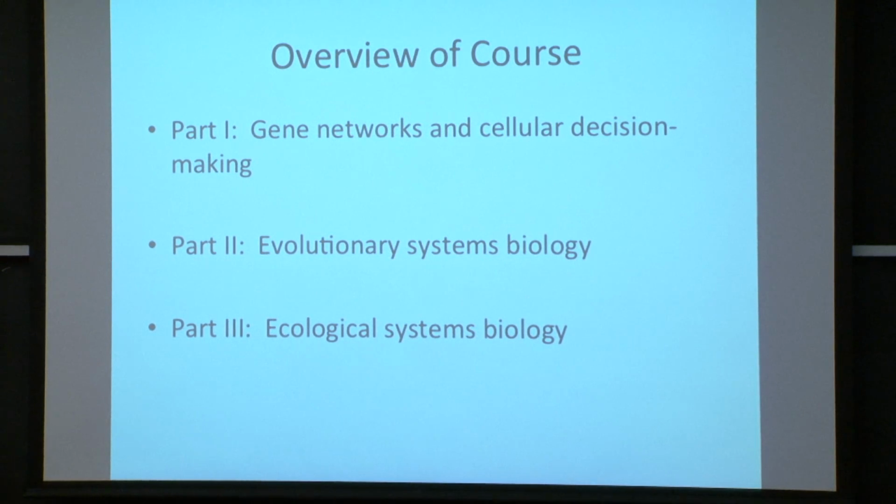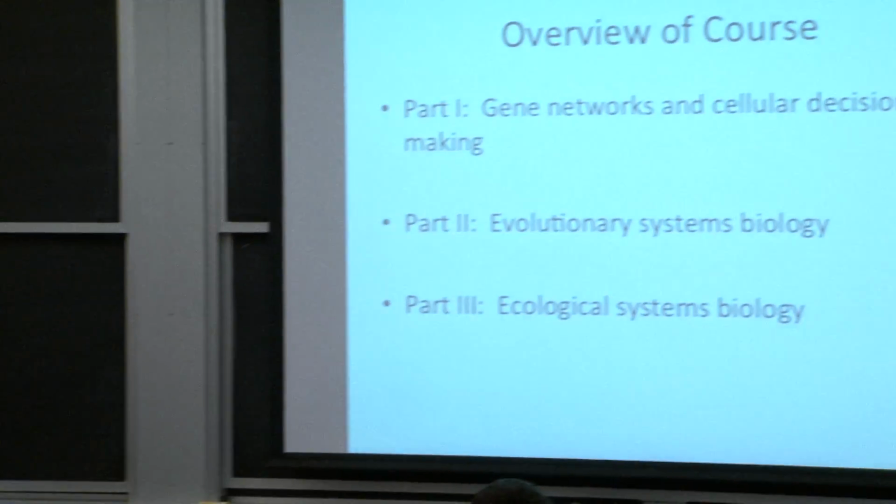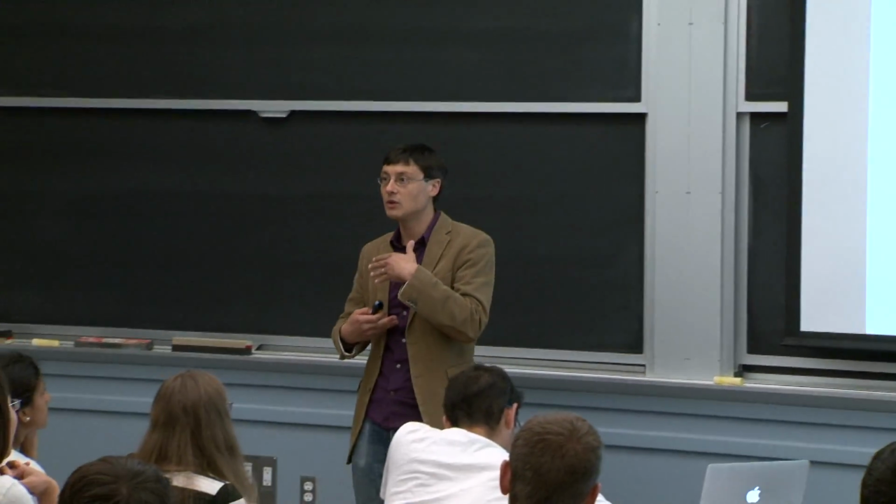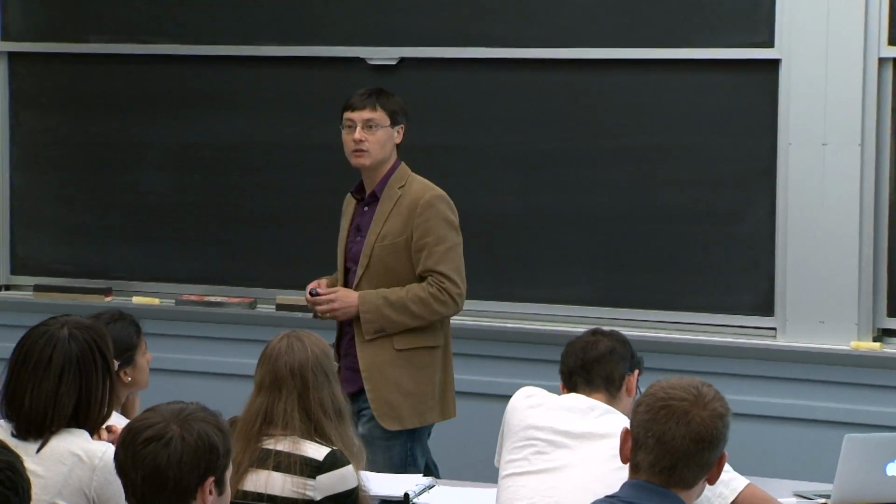Instead of thinking about genes as the fundamental unit and how genes interact to make decisions, maybe we think about cells as the fundamental unit, and how cells come together to lead to interesting population level phenomena.